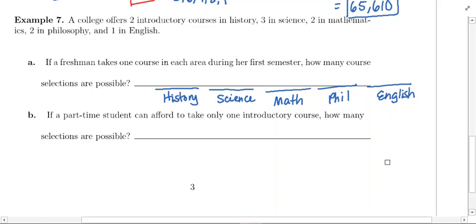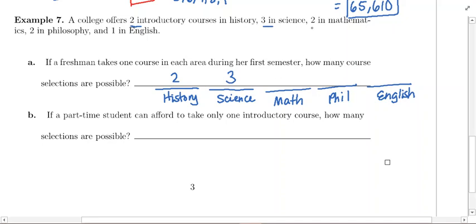For the history courses, there are 2 history courses for this freshman to choose from. Then for science, there are 3 possible science classes to choose from. Maybe the freshman can choose from physics and chemistry and biology, for example. 3 different choices there.